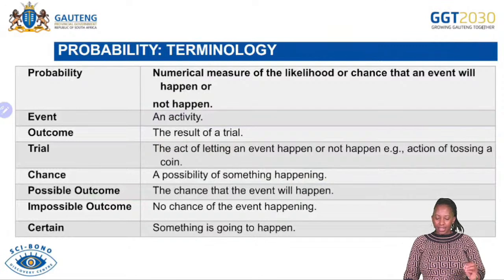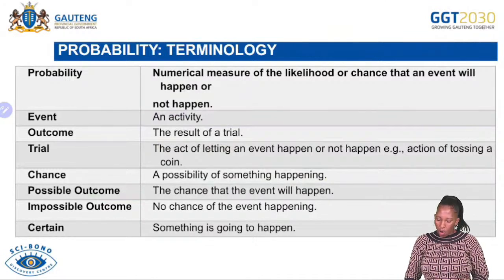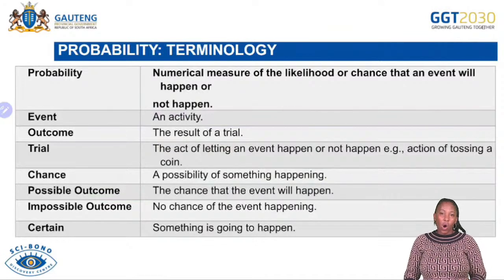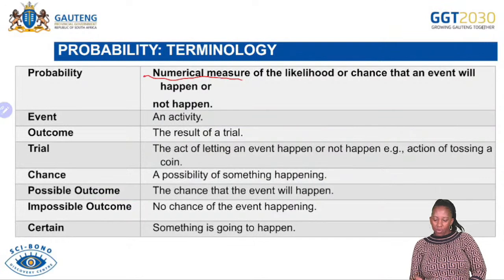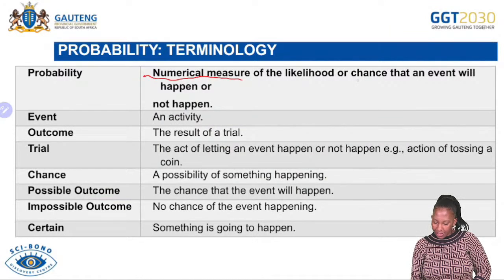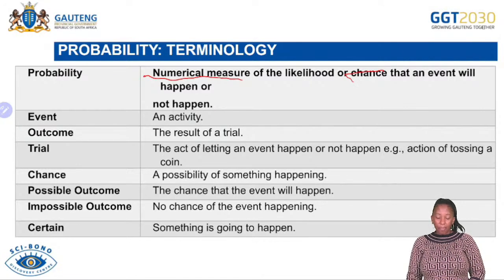It is the numerical measure of the likelihood or a chance that an event will happen or will not happen.